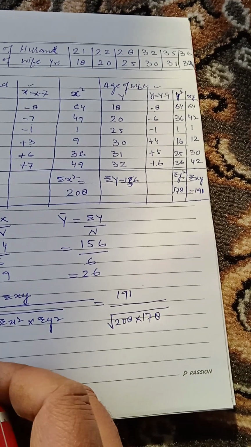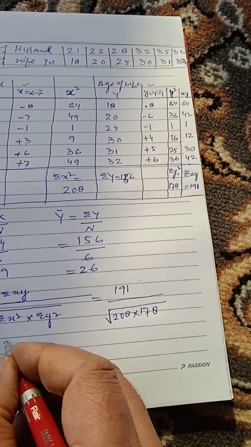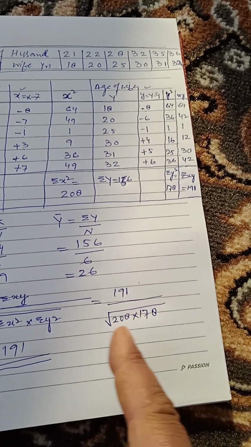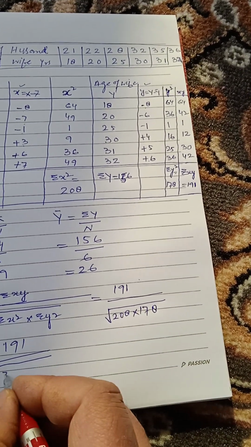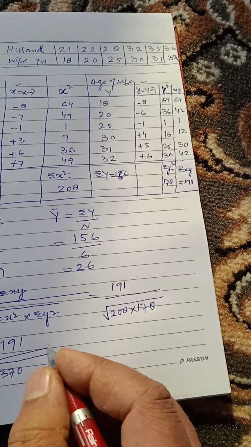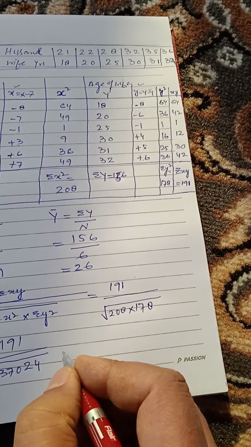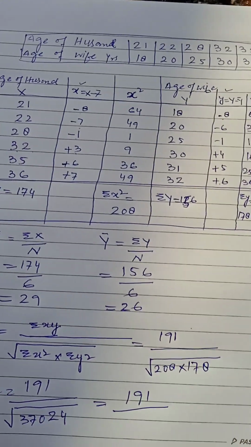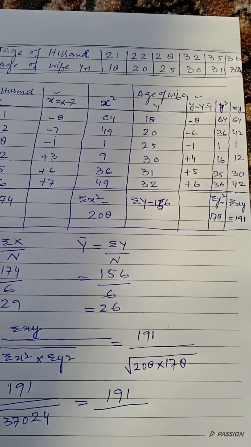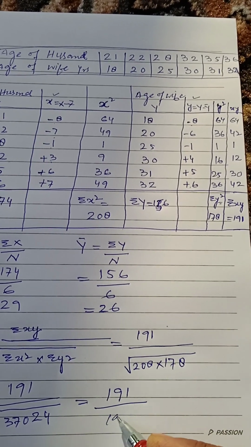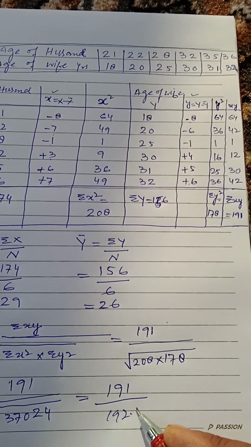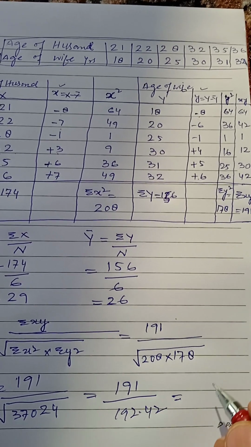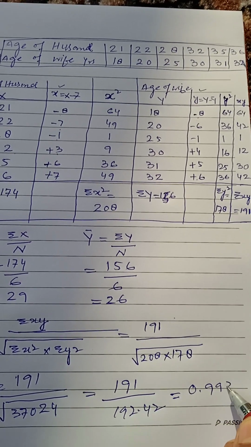Then R is equal to 191 whole divided by under root of, इन दोनों का मल्टीप्लाई जो लेना है that is 37024, which is equal to 191 whole divided by 192.42, that is the root of this value, which is equal to 0.993.